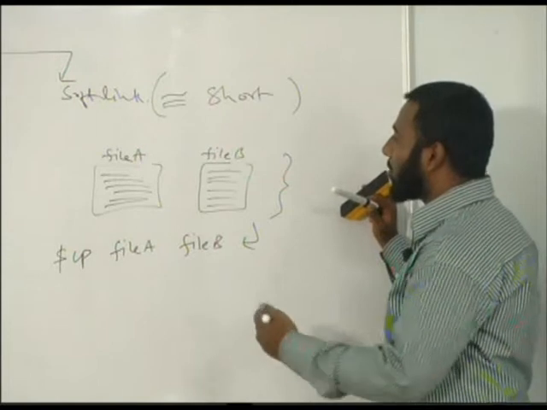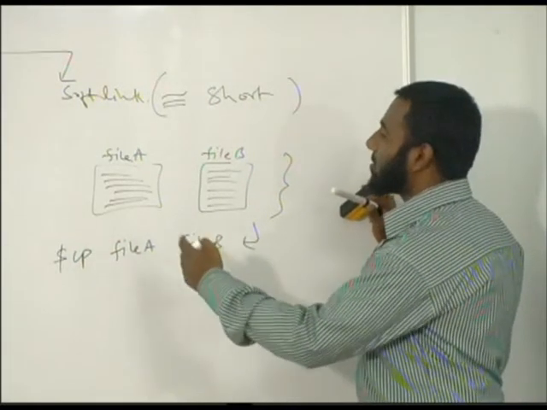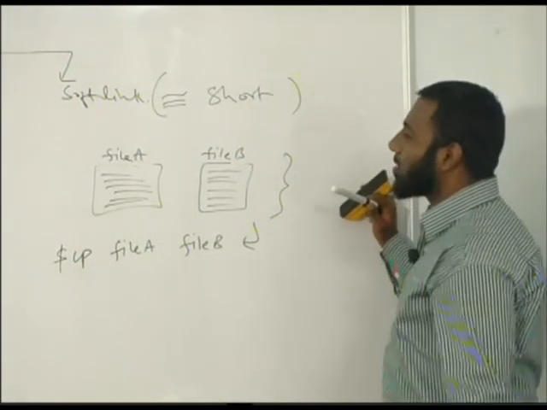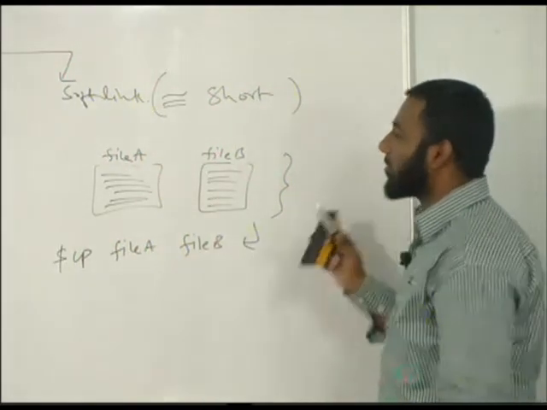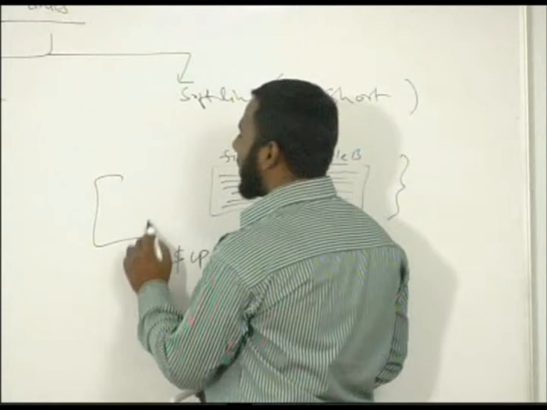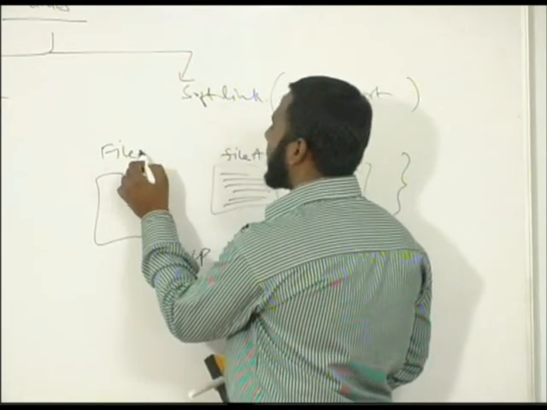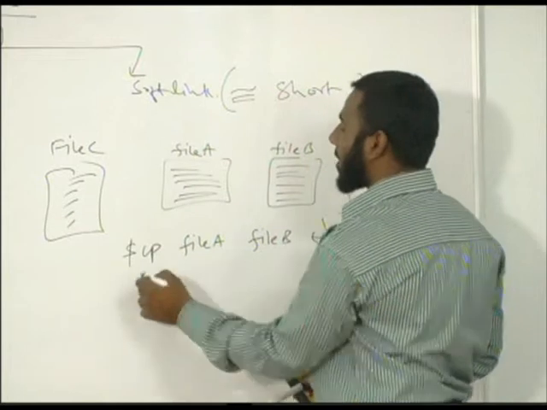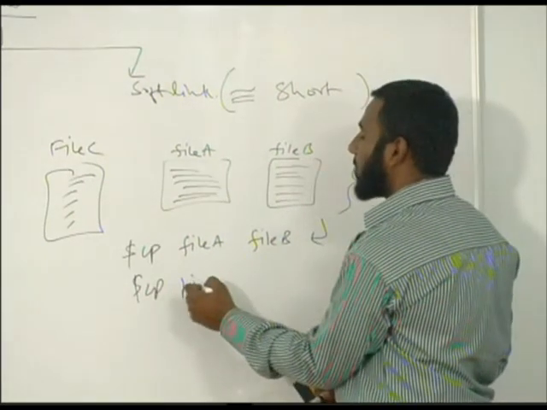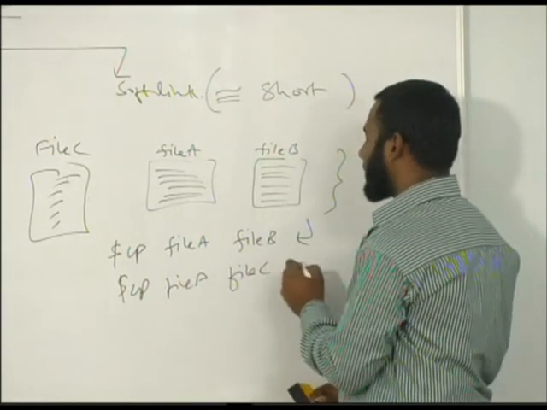Now assume that I don't want to have the contents of a file twice. The problem is again consistency. Assume that this file is present at 3 different places, file A, file B and file C, and the contents are the same because I have copied file A to file C also.